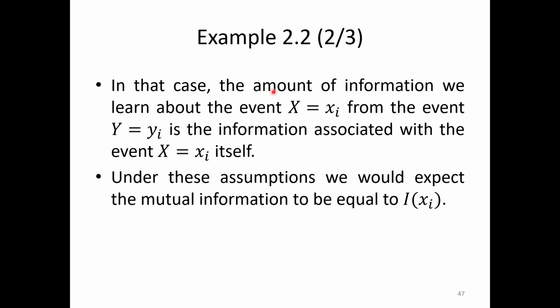In that case, the amount of information we learn about the event X equal to x_i from the event Y equal to y_i is the information associated with the event X equal to x_i itself, because since we know this event, we can totally know the other event without any doubt.